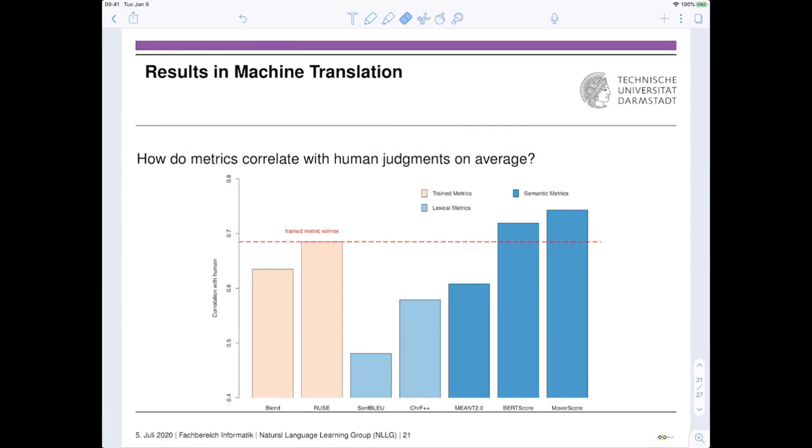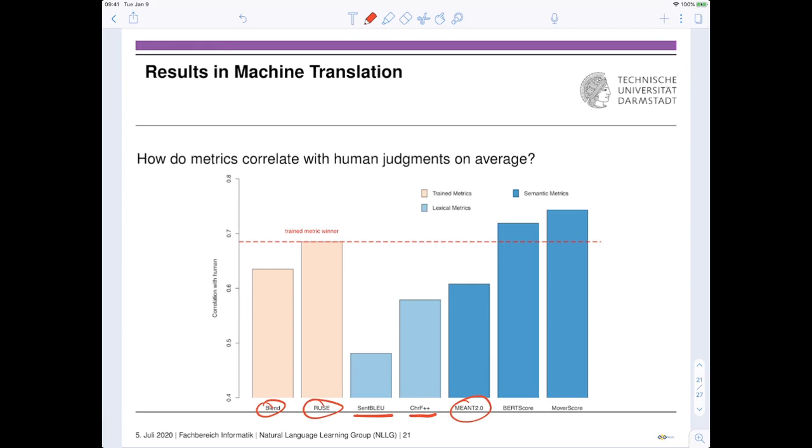Okay, let's have a look at the results in machine translation. First, we note that a semantic metric called MEANT 2.0 outperforms lexical metrics like sentence BLEU and chrF++. But they still perform worse than supervised metrics like BLEND and RUSE.